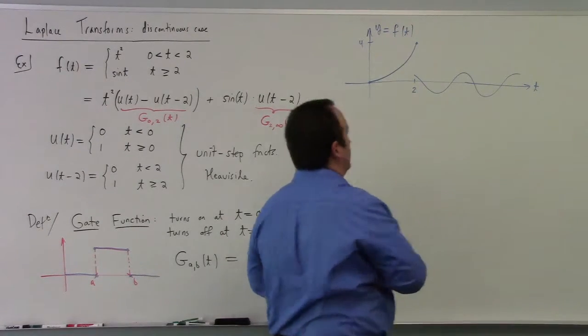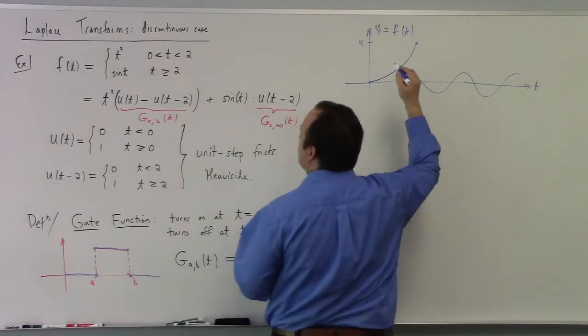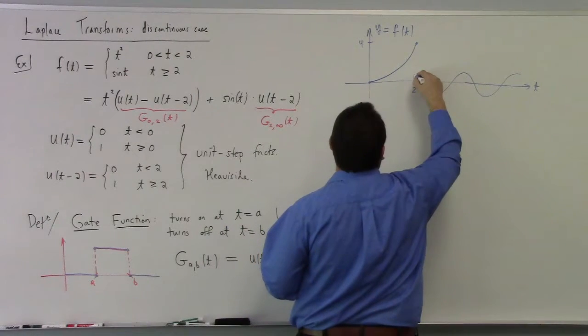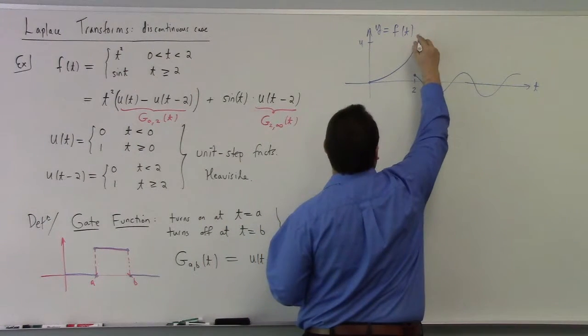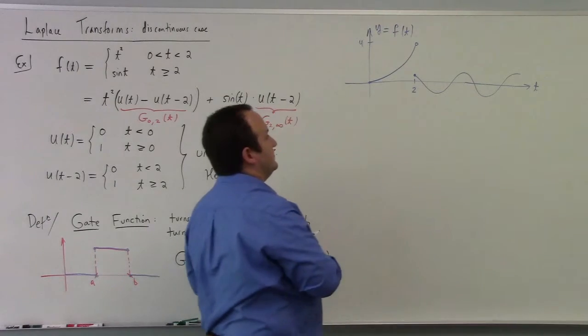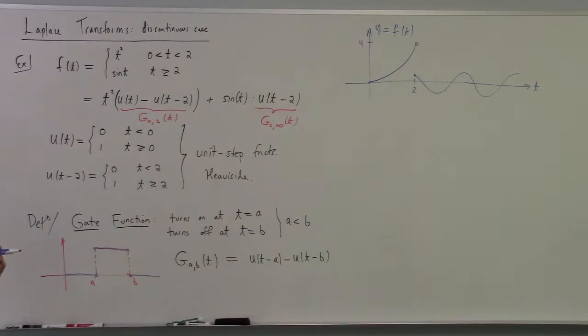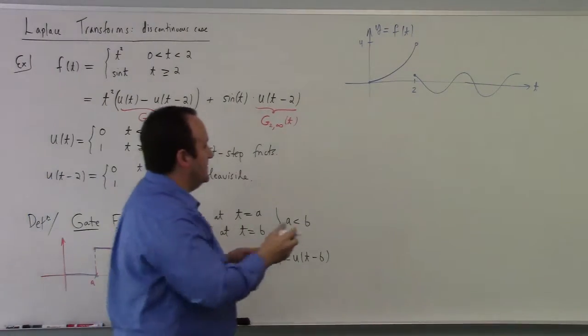Right. So that's a graph of this thing. I suppose if I'm going to be true to my inequalities, I should put the circle here, eh? But yeah, that's a formula for that. And we'll see today how to take the Laplace transform of such things without breaking into cases. That's the cool thing. Let's do one more example.